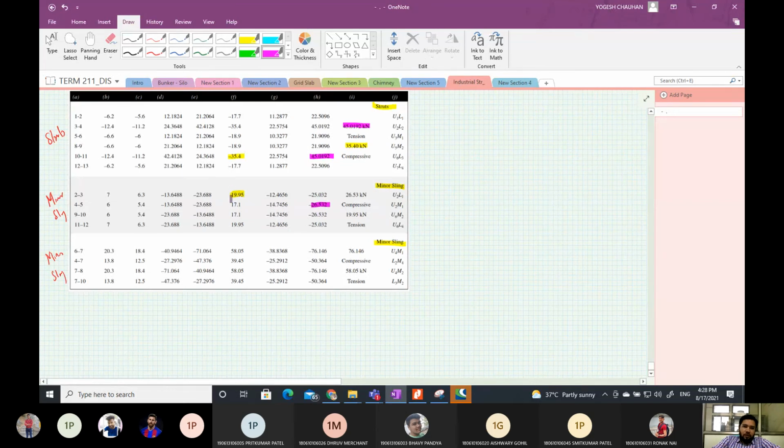Now when you design for a tension of 19.95, obviously you will have a smaller section, and when you check it for 26.532, you will require more section. So at the time of designing the tension member for 19.95 kilonewton, you have to choose such a section that will also satisfy the design requirements for the compression loading.